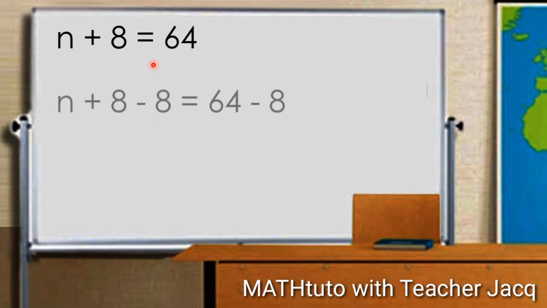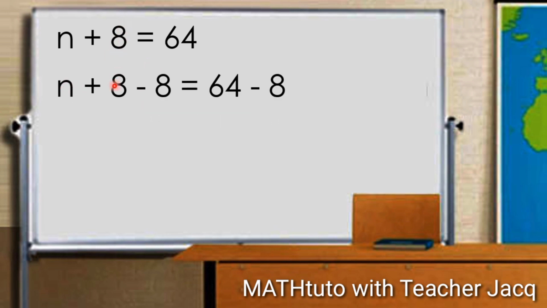So let's do it. N plus 8 and then magdadagdag tayo ng minus 8. Of course, kapag nagdagdag tayo sa left side, kailangan magdadagdag din tayo dito sa right side. At kung ano yung ididagdag mo dito sa left side, same din ang idadagdag mo dito sa right side. So, dahil meron na tayong plus 8 and minus 8, i-eliminate na lang natin to.